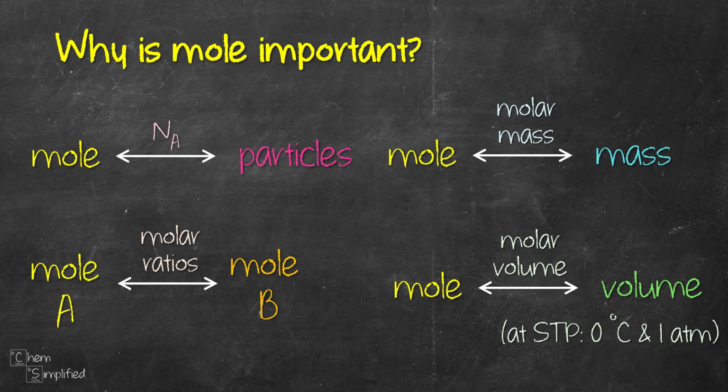That's why I write it out as moles of A converting to moles of B, or vice versa. So basically, from a chemistry standpoint, mole is rather important because you can use it to interconvert between so many things. If you're interested in seeing how we can do these conversions, do check out the next video that's coming out in this series. I'll place the link in the description box once it's available.